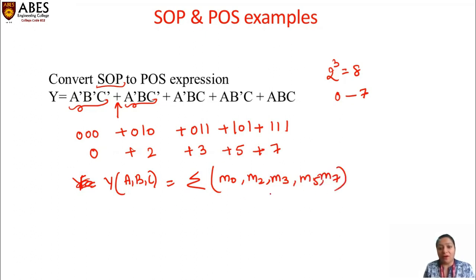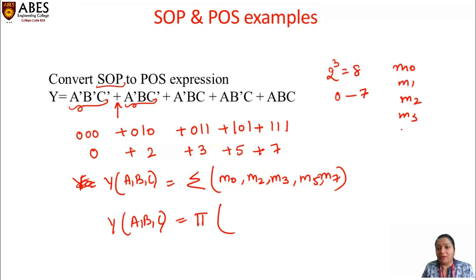Right? Now from here we can easily find out the max terms. Max terms are represented by the symbol pi. And now see, in total we have M0, M1, M2, M3, M4, M5, M6, and M7. These will be the terms as we have seen previously from the three variable table.